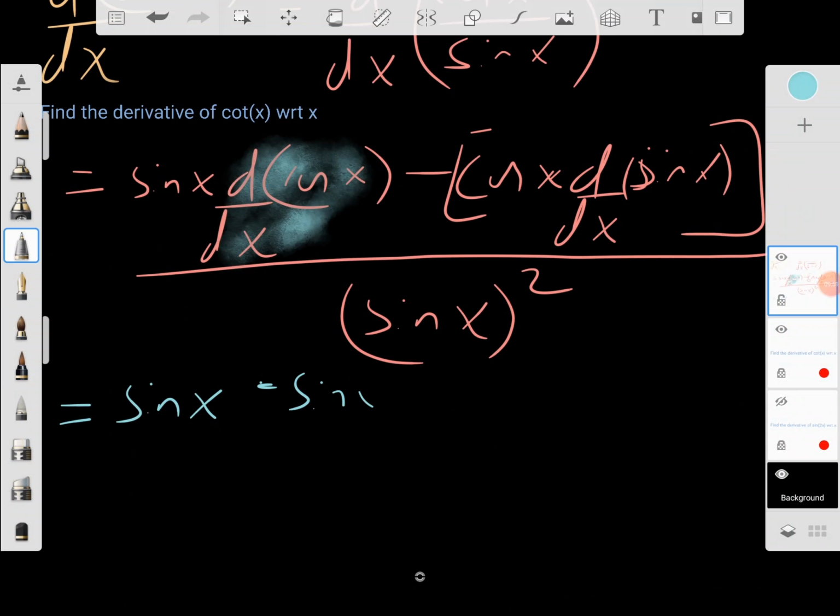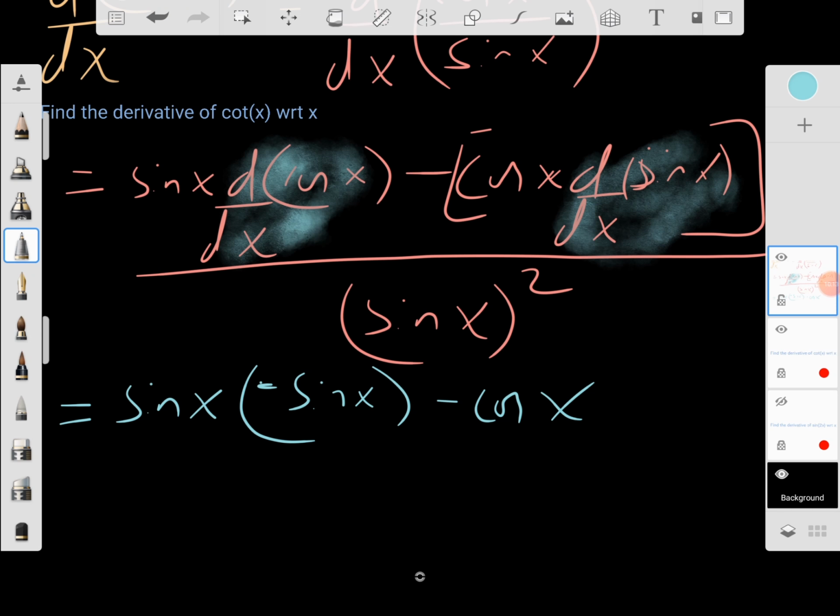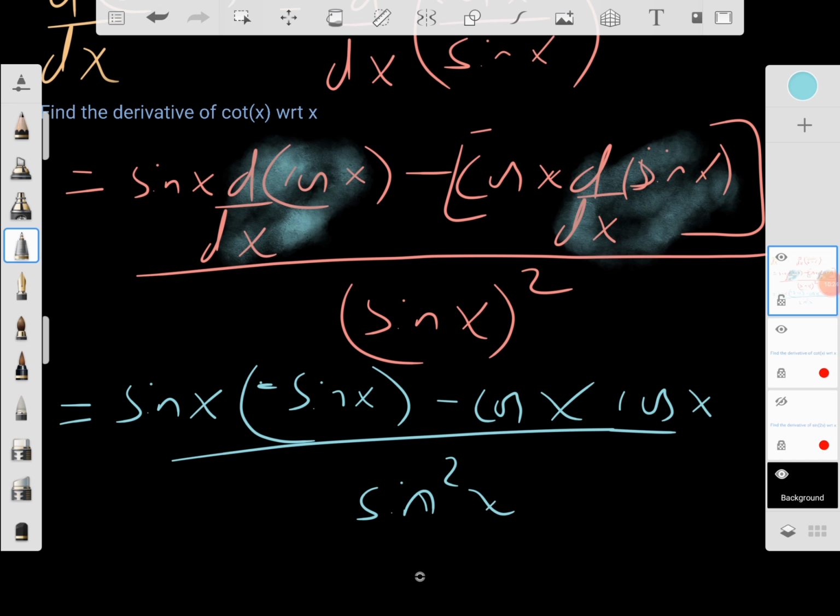So it is minus sine x, minus cos x, then d by dx of sine x, that is, the differential of sine x is cos x, so again cos x, whole divided by sine square x. Sine x whole square is sine square x, only the same thing.